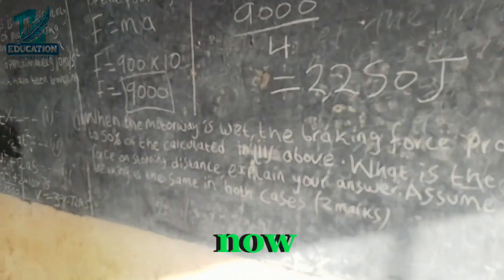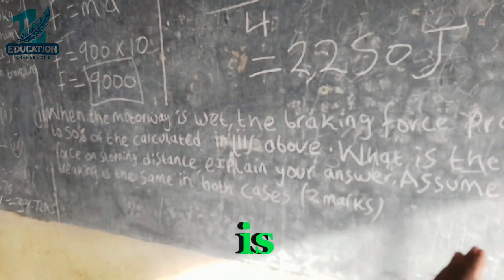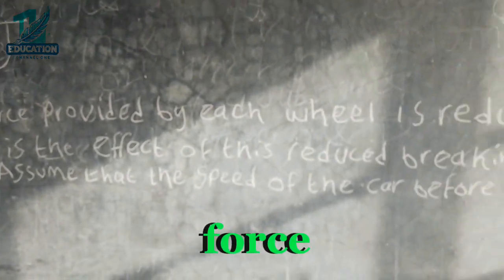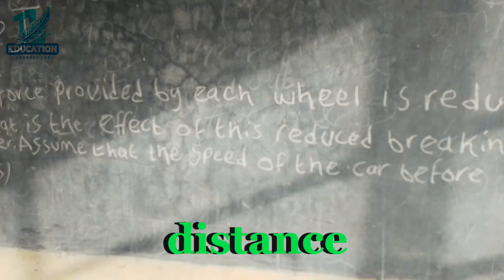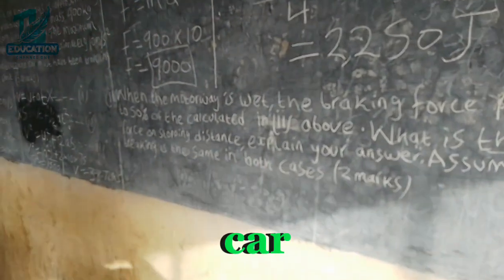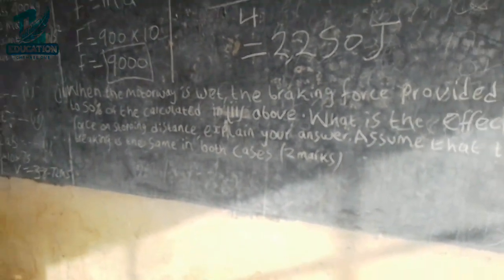And now we are told, what is the effect of this reduced braking force on stopping distance? Explain your answer. Assume that the speed of the car before braking is the same in both cases.